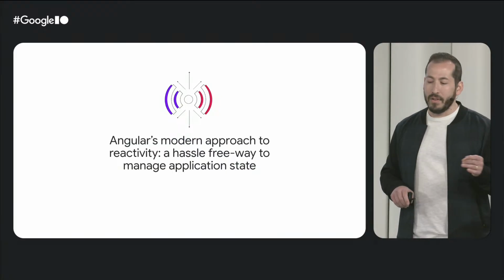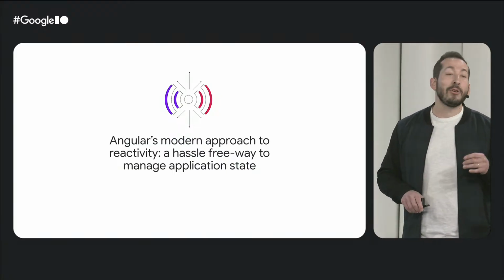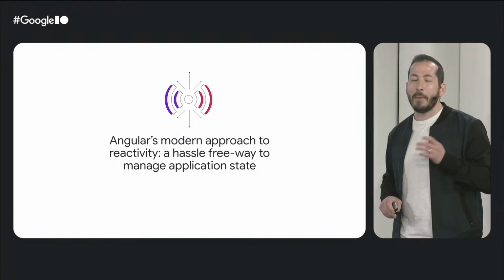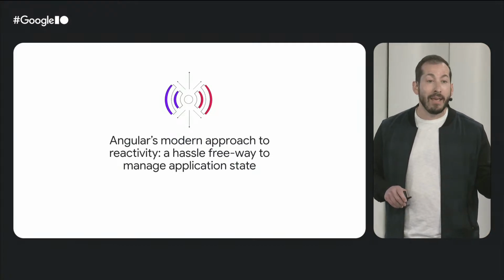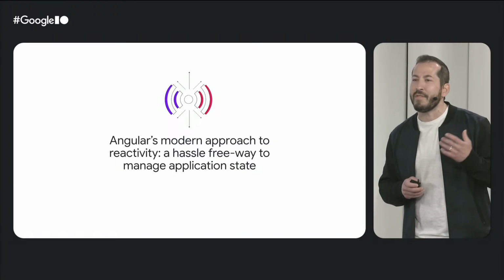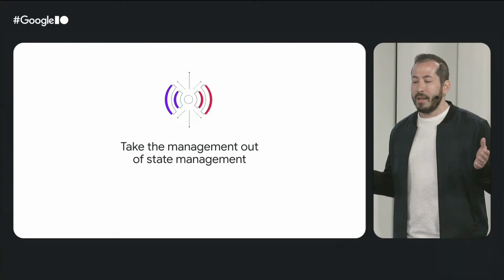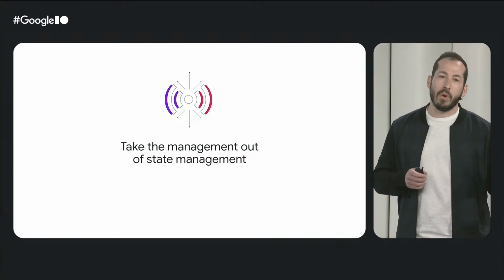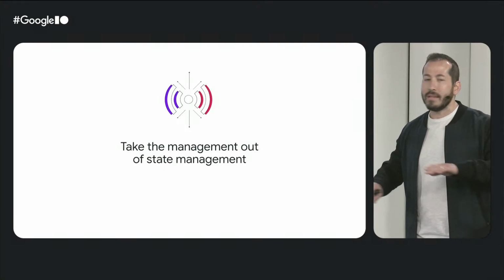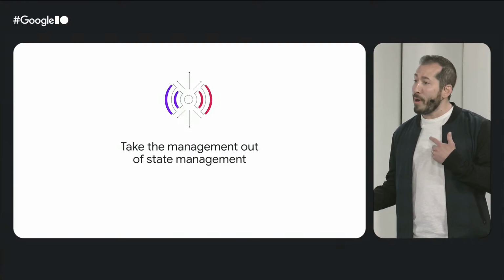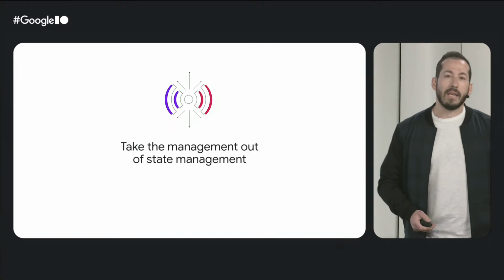At a high level, signals are Angular's modern approach to reactivity, a hassle-free way to manage application state that reduces the amount of imperative code that you have to write. As I like to put it, Angular's new signal-based approach takes the management out of state management, which I love because when it comes to writing code, we're all really lazy. Who wrote this? Busy. We're all really busy.